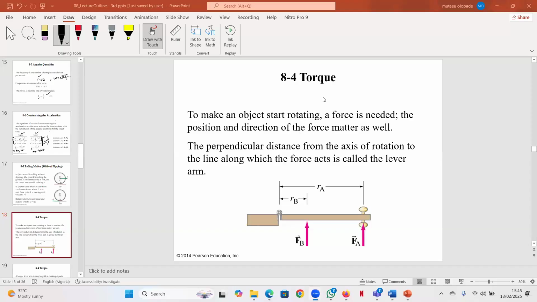So what is a torque? To make an object start rotating, a force is always required. So if you have a torque, literally, you can refer to it as a force.